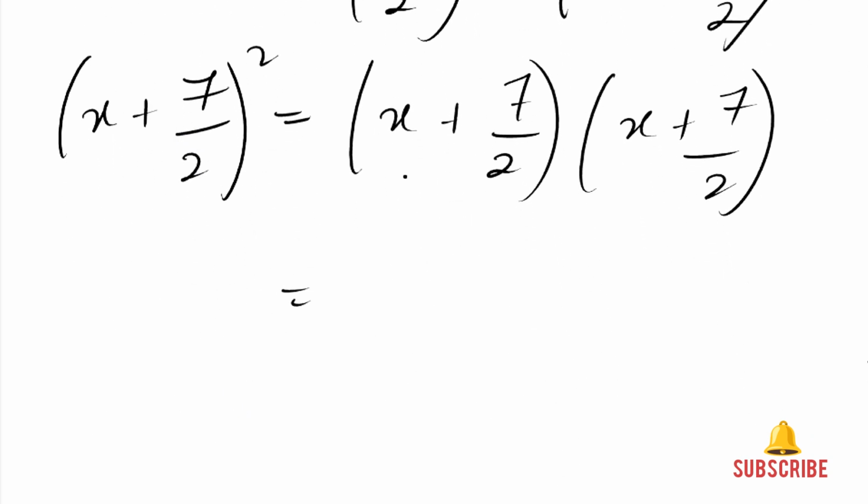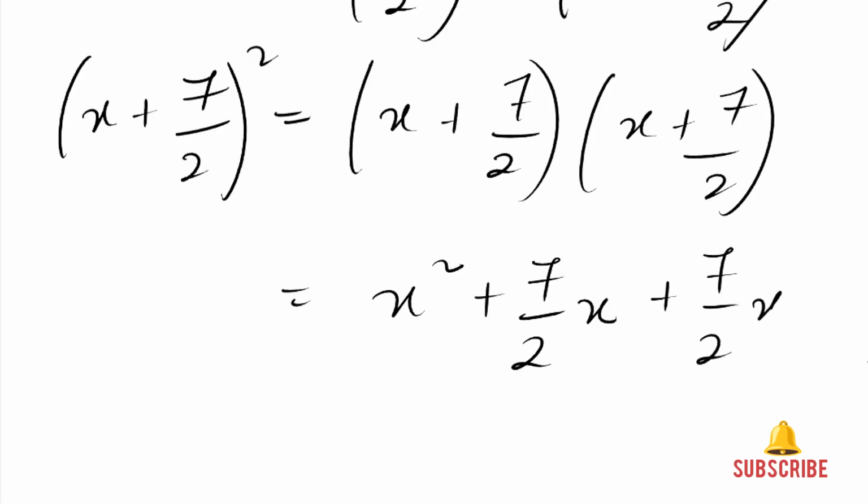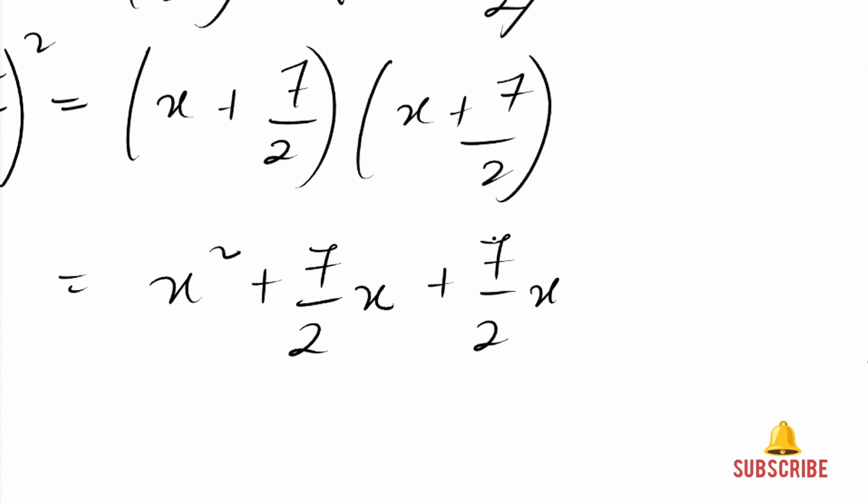So this should give x times x, x squared, x times 7 over 2, we have plus 7 over 2 x. We are done with x. Now let's move to plus 7 over 2. Plus 7 over 2 times x is plus 7 over 2 x. Then this times this will give plus 7 over 2 multiplied by 7 over 2.